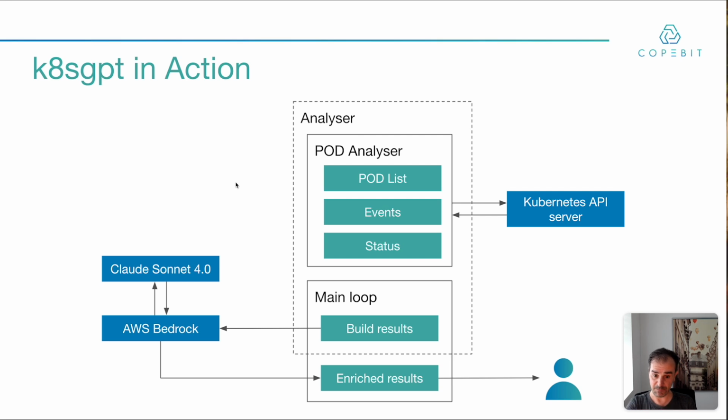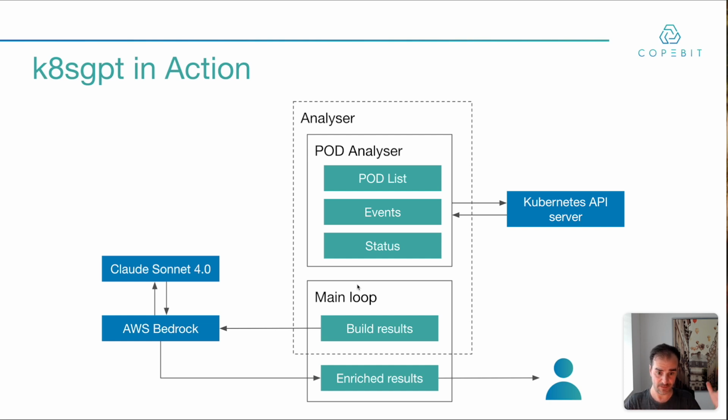Now with KateGPT, we combine the Kubernetes intelligence, the troubleshooting intelligence, and the large language models into one solution. So you have these analyzers available, and these analyzers are, for example, for pods, deployment, security, storage, many other tools which you see later on that can analyze issues on your cluster, collect events and status and more information, and send that information to, for example, AWS Bedrock with Claude Sonnet 4.0 to analyze it.